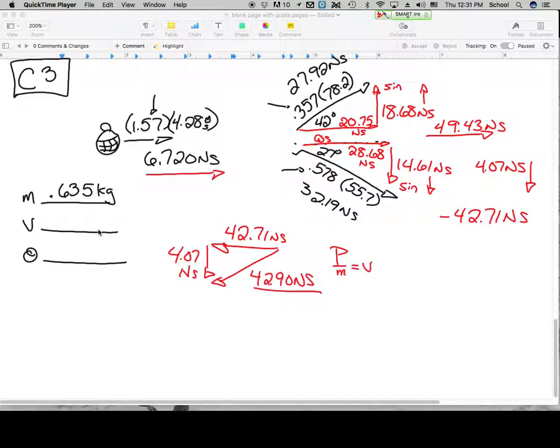So I need to divide by the mass that we already figured out chunk 3 had, and we get 67.6 meters per second. That's how fast that chunk should be flying.